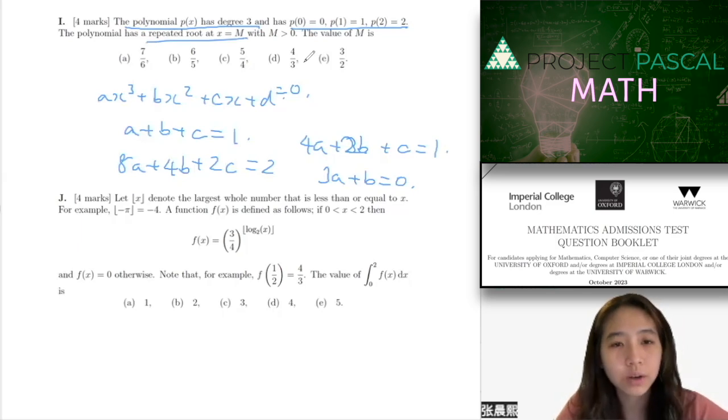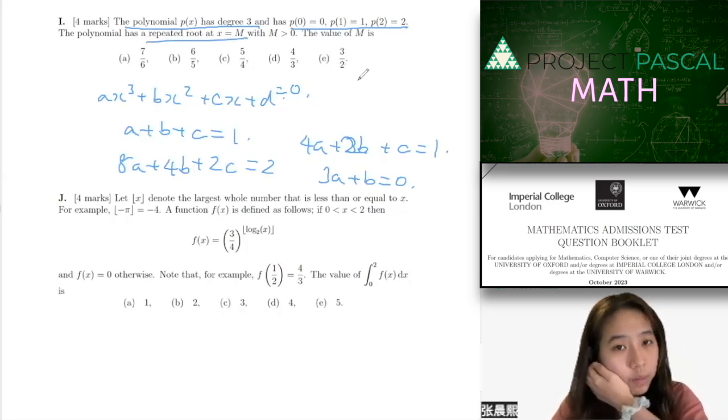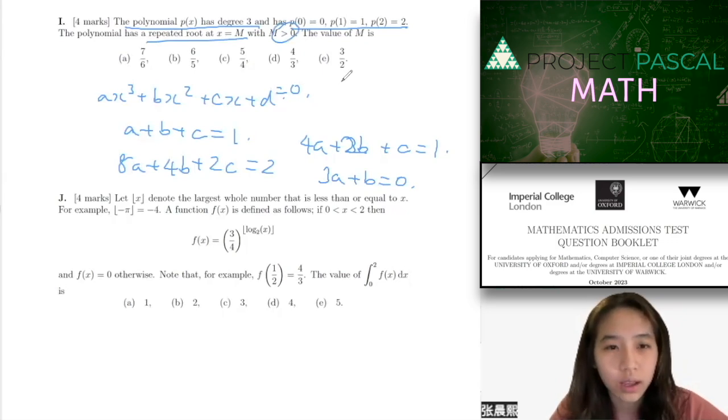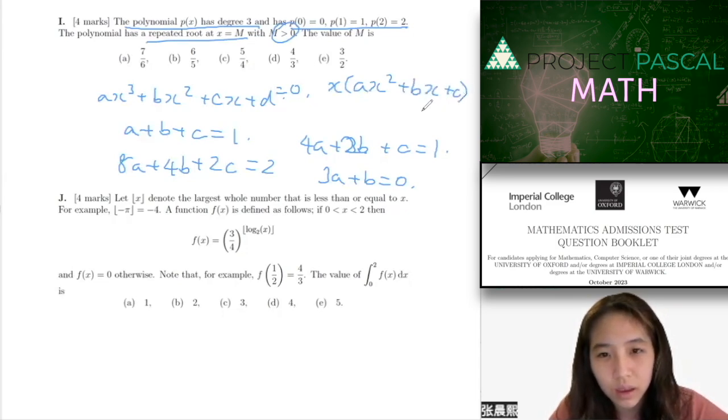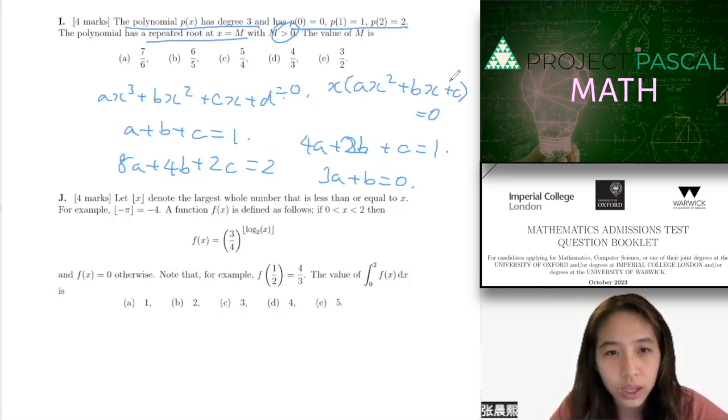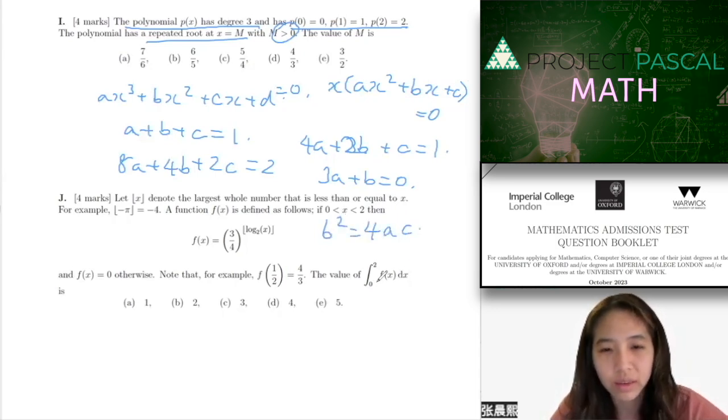It has a repeated root at x equals m with m greater than 0. So it's x times ax^2 plus bx plus c equals 0. And this repeated root gives you b squared equals 4ac.